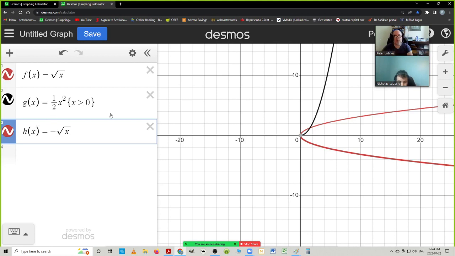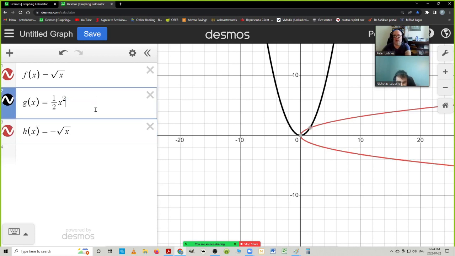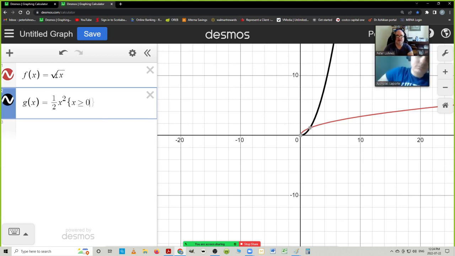But that's not what we're working with. If that was the case, yeah, we could find the whole parabola. But that's not the case. We were working only with this top half. Therefore, we must only have the same restrictions on this bottom, on this inverse. Does that make sense?